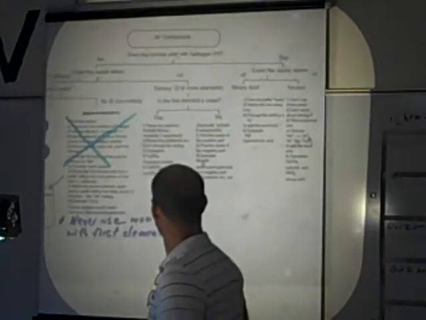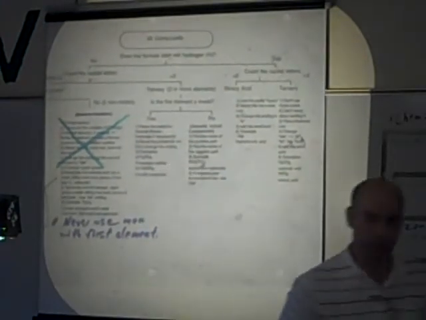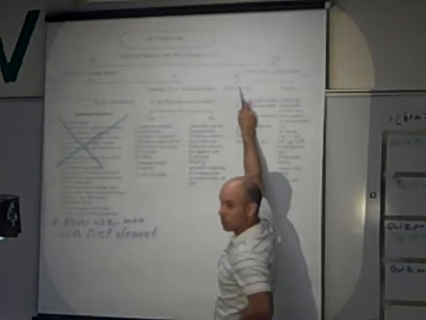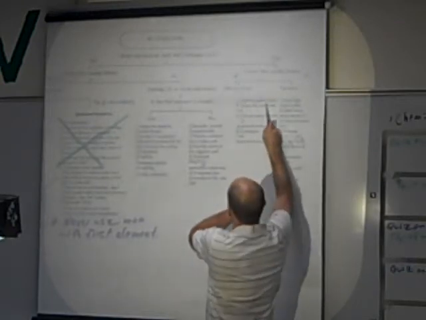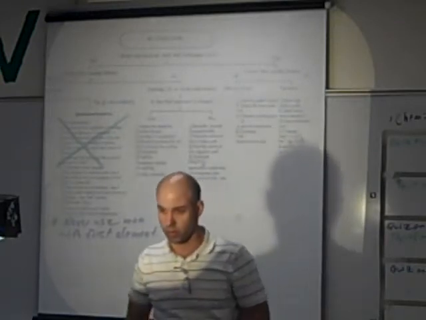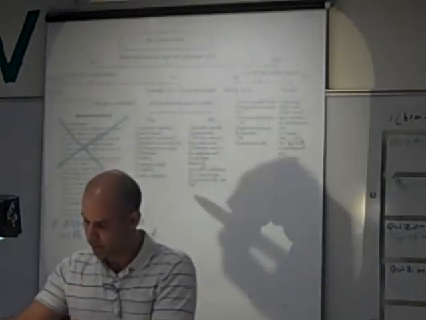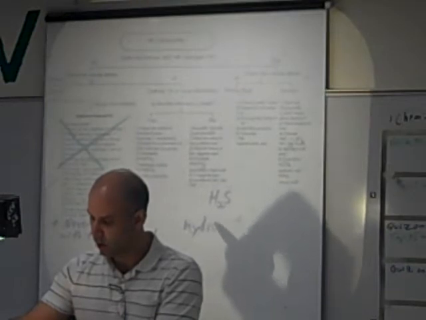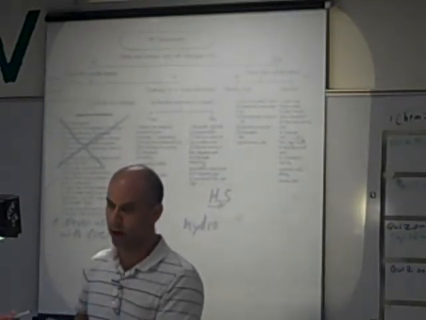So, does the formula start with an H? Yes, it does. How many capital letters do we have? Two. Use the prefix hydro. So when I name this, the hydro is referring to the hydrogen.